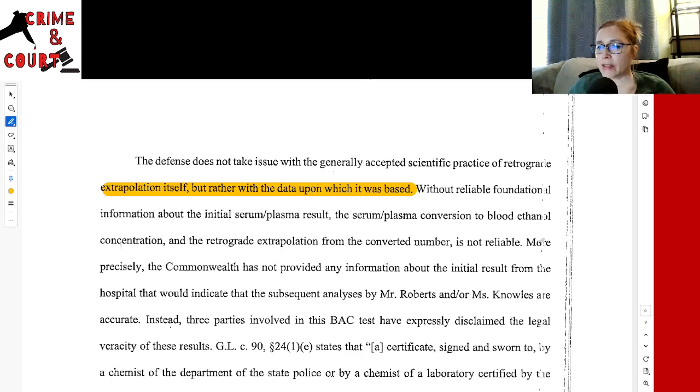Without reliable foundational information about the initial serum/plasma result, the plasma conversion to blood ethanol concentration and the retrograde extrapolation from the converted number is not reliable.